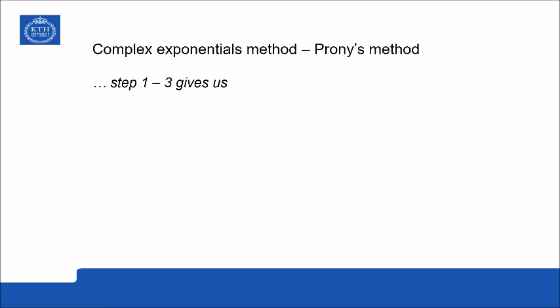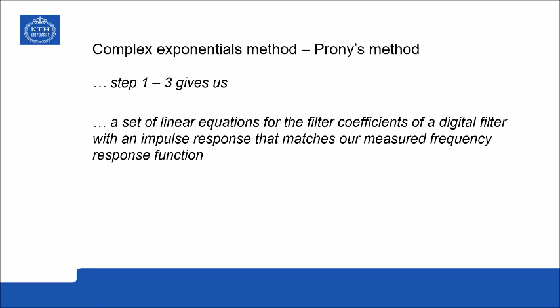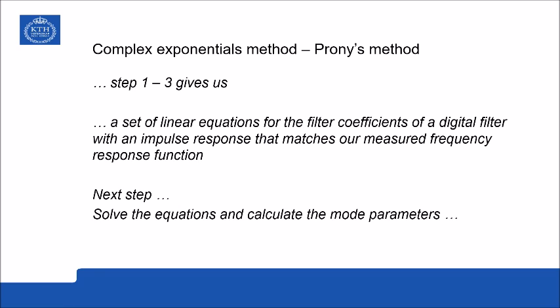And when we have done that, we have a set of filter coefficients of a digital filter with an impulse response that we know matches our measured frequency response function. So mission completed so far. What remains now is to solve these equations and calculate the mode parameters from the filter parameters. And that will be the theme of the next presentation.